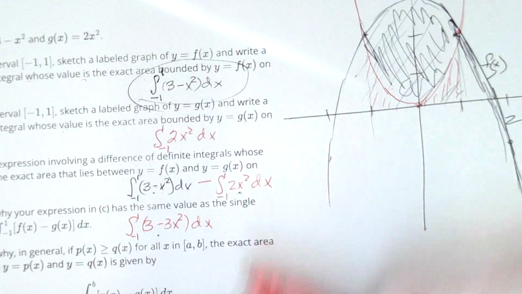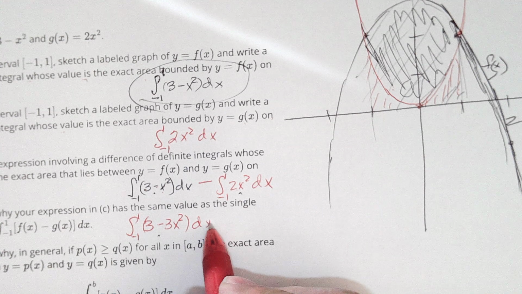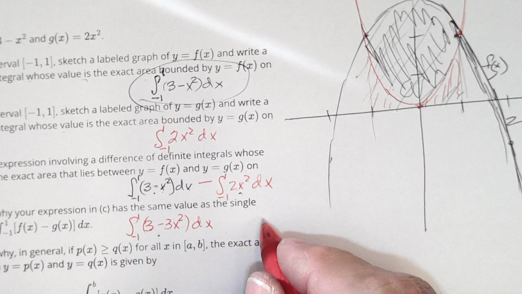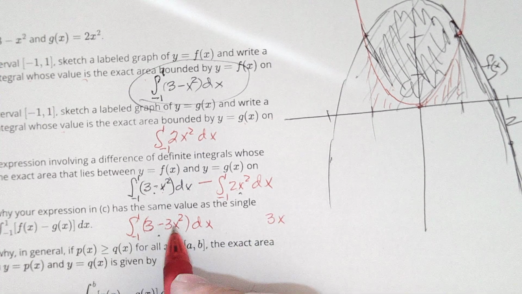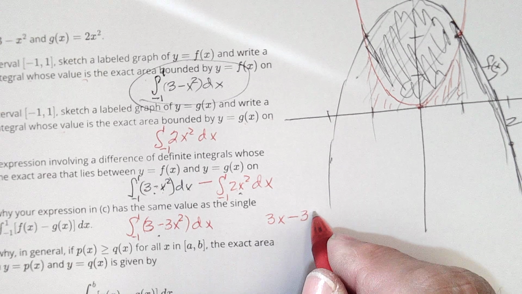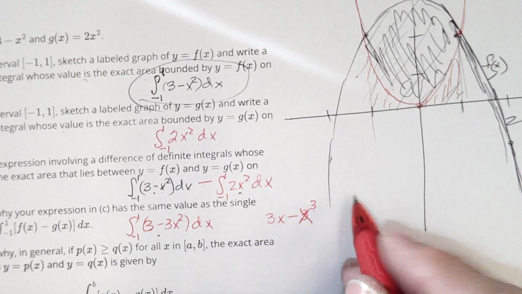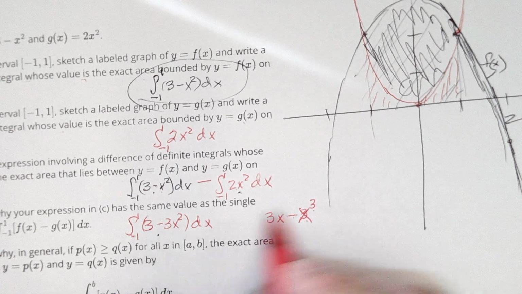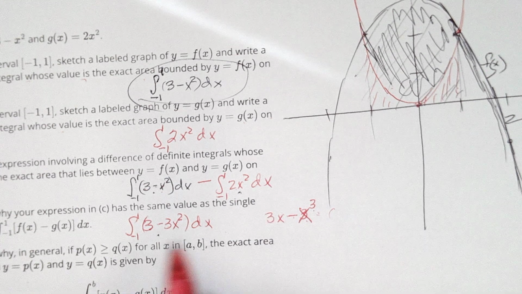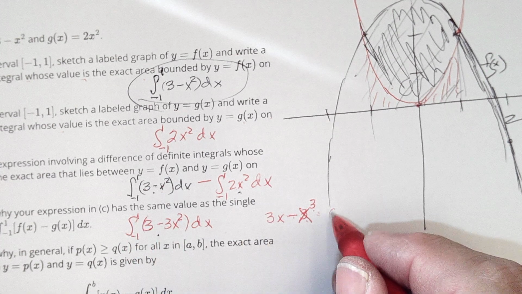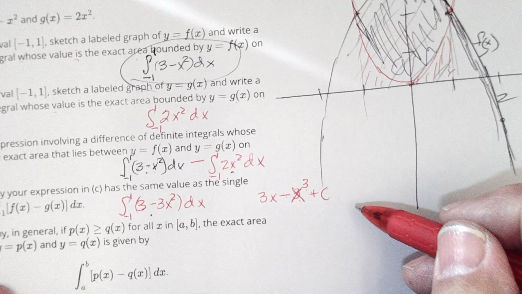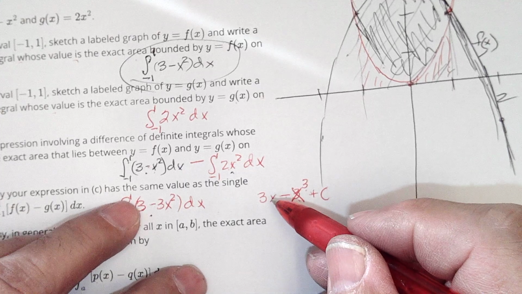And just for the fun of it, let's see what that is. So the antiderivative of 3 is 3x. The antiderivative of 3x squared is negative x to the third, because 3 times this, x to the 2. And plus c, and then we're going to put in 1 into this to find the area here. We actually get a value. We're going to put the 1 in, the ending value.